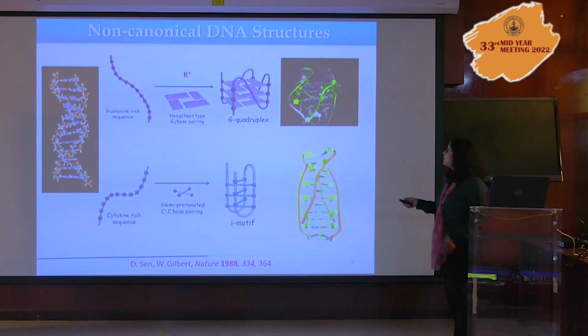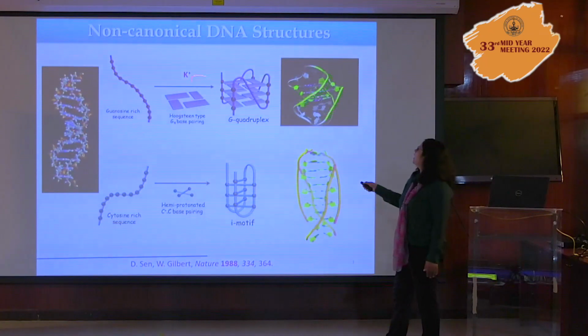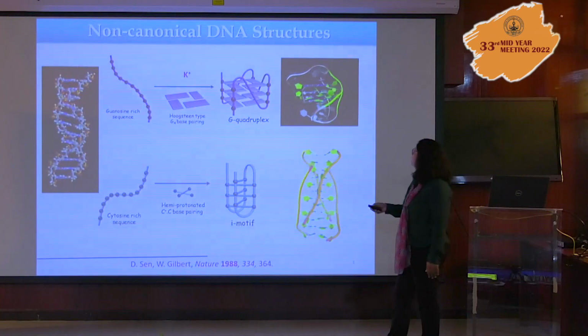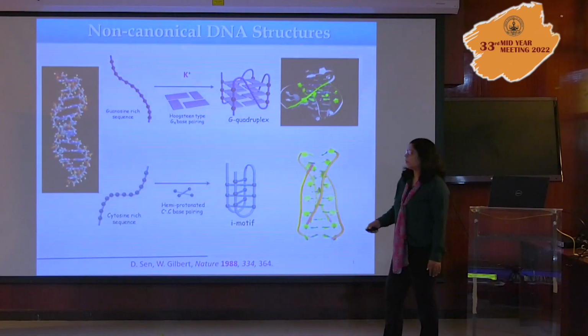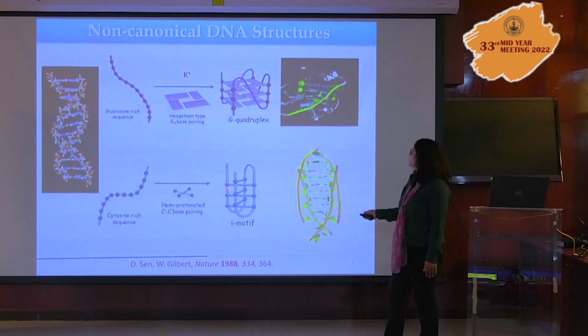For instance, a G-rich DNA sequence can adopt a G quadruplex structure, and its complementary C-rich DNA sequences can also adopt 4-stranded secondary structures called i-motifs under acidic conditions.